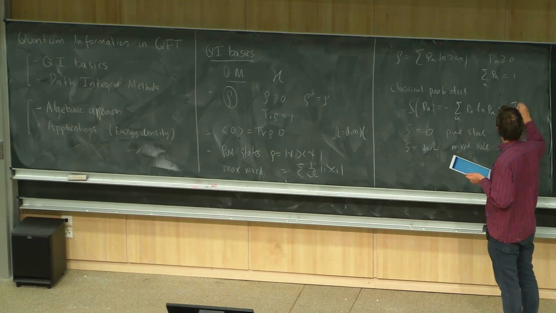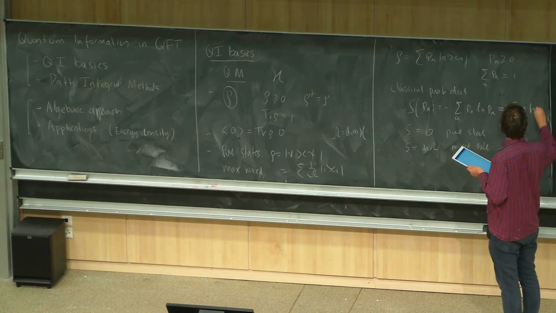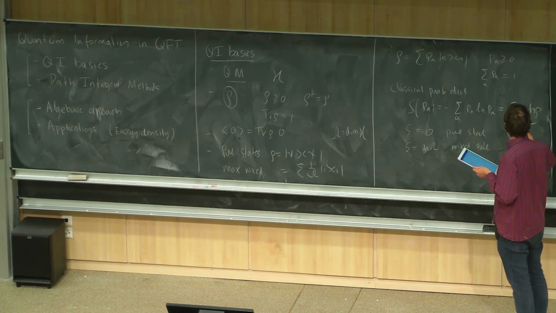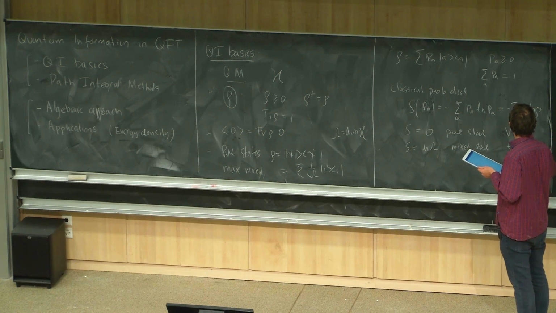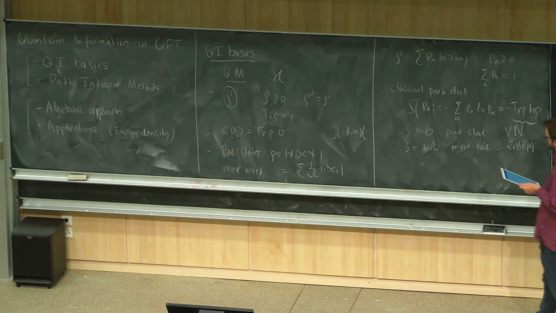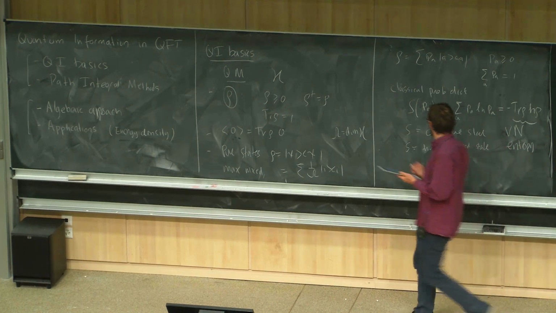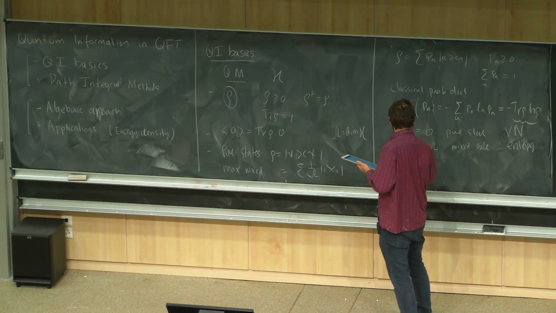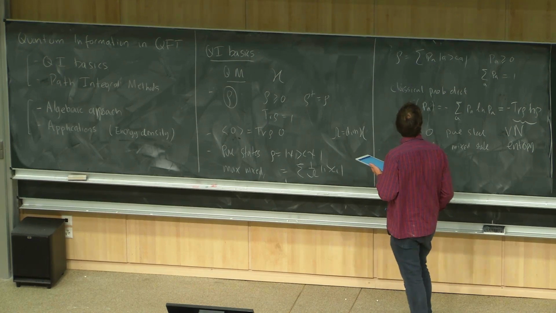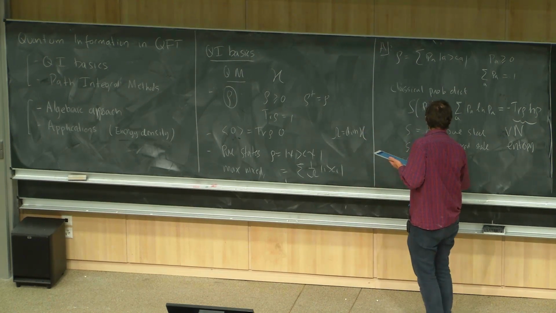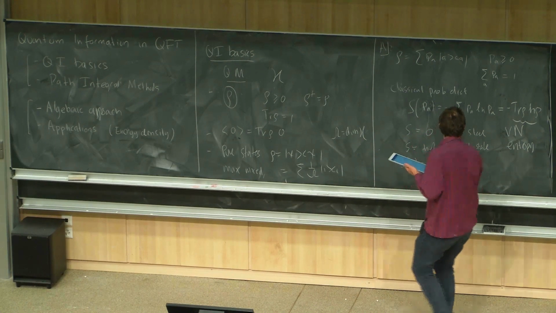We can write this as minus trace rho log rho, and this object has a different name. It's the von Neumann entropy. I'll often denote this as S of rho, or if our system, I'll call our system A, in this case S of A, subscript rho.